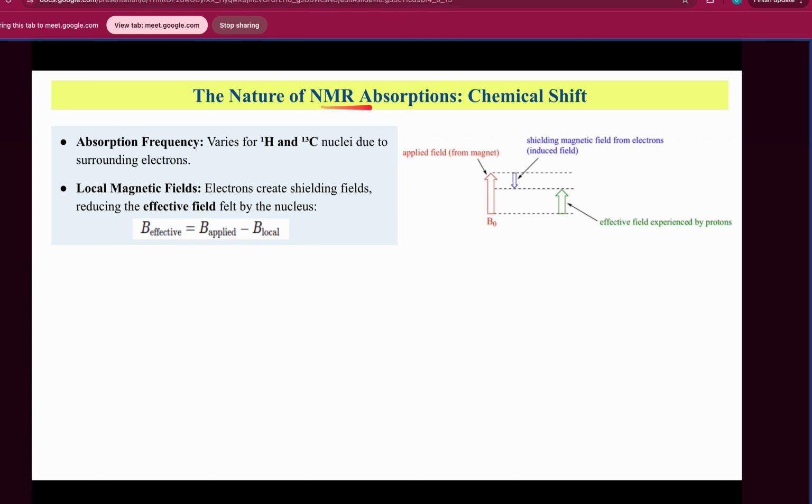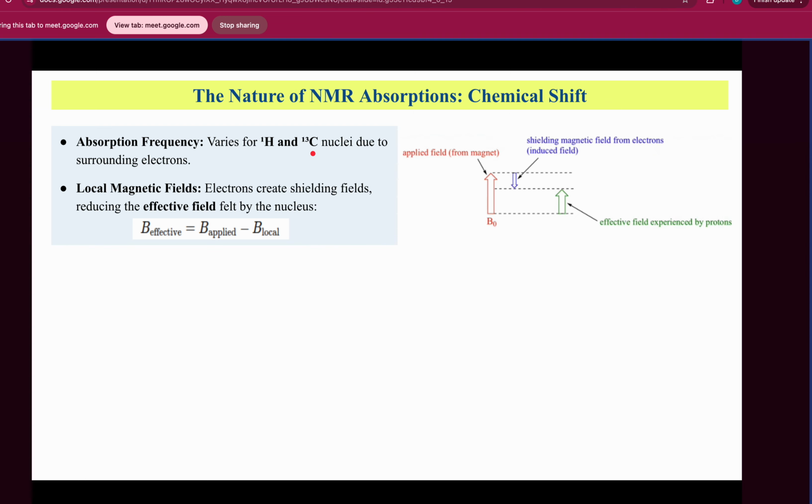Now we will talk about the nature of NMR absorptions, because in NMR spectra we will be comparing the chemical shift. So the concept of chemical shift will come into the picture. Absorption frequency varies for H1 and C13 nuclei due to surrounding electrons. Now we will see how the chemical shift varies among different elements.